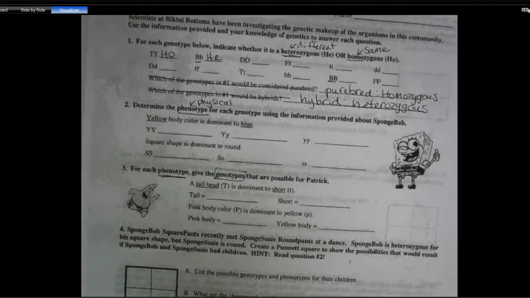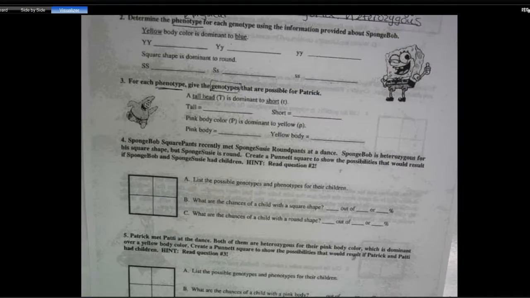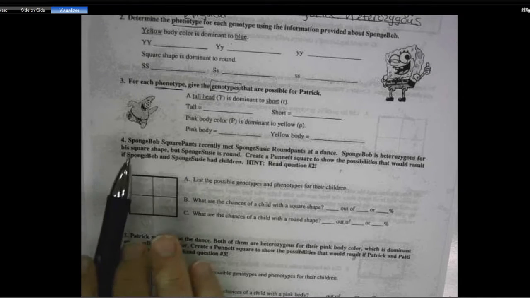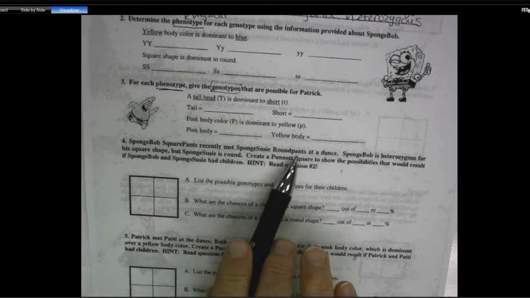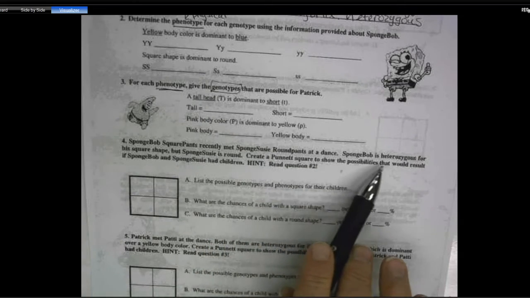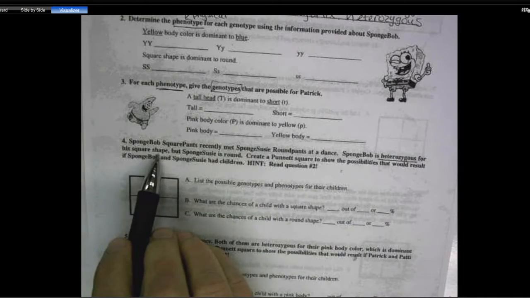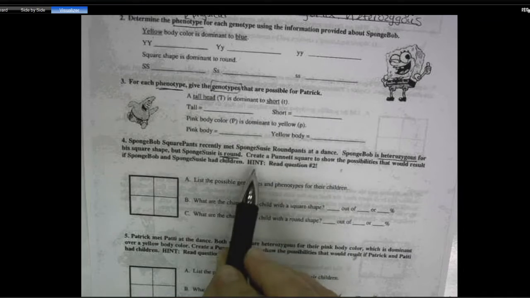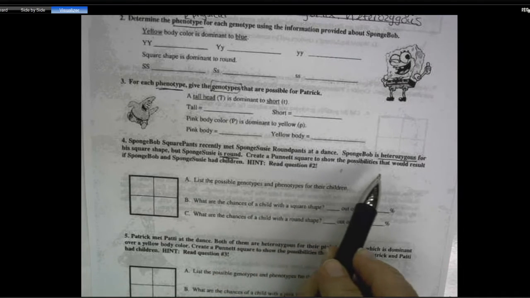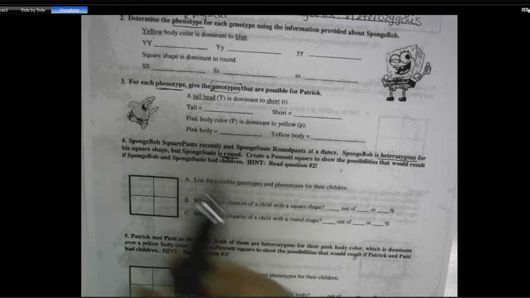And then when we get down to number 4 and 5, this is where we start doing our Punnett squares, okay? And remember, it says SpongeBob SquarePants recently met Sponge Susie Roundpants at a dance. SpongeBob is heterozygous for his square shape, but Susie is round. Create a Punnett square to show the possibilities that would result if SpongeBob and Sponge Susie had children. Hint, read question 2.